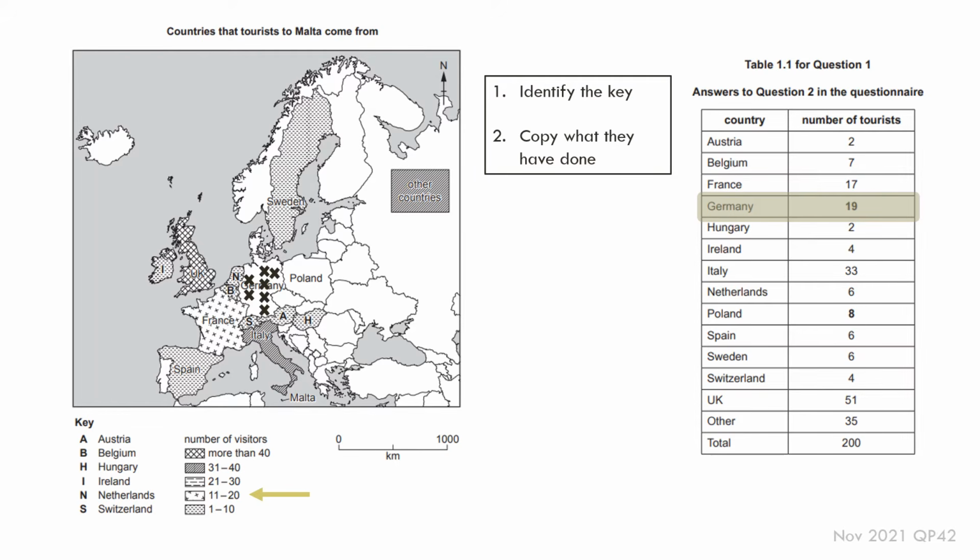Poland, on the other hand, is 8, and so that falls into the one below, 1 to 10, and so we're going to use that one, which is dashes, and so I'm going to dash Poland accordingly. And that's it. Very simple, but it requires you to identify the key, the value that you need, and you copy exactly what has been done.